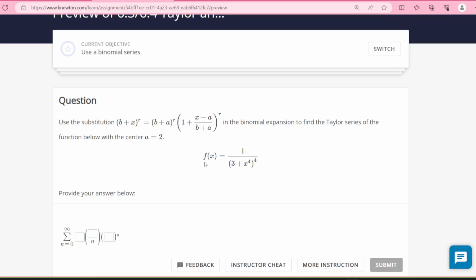So we're given this function, 1 over (3 plus x to the fourth) to the fourth power. I'm going to write that as some binomial to a power.